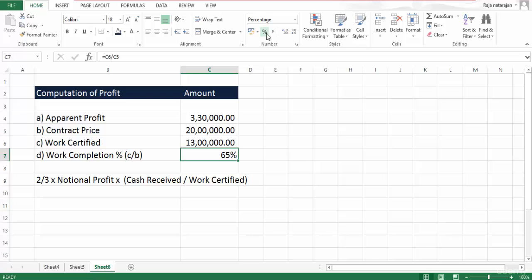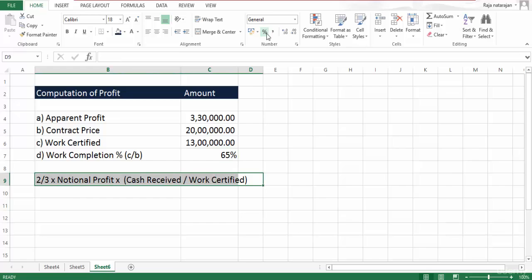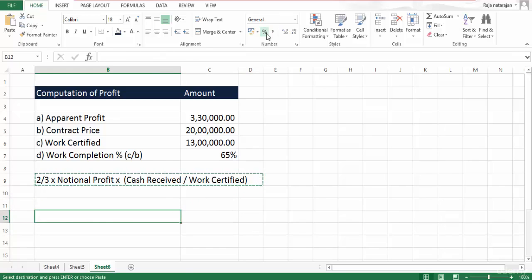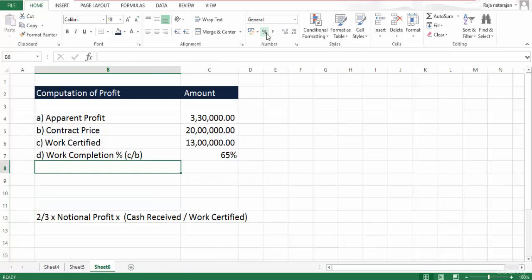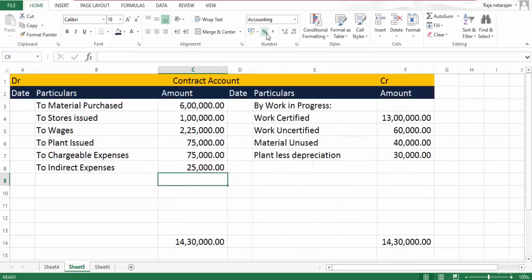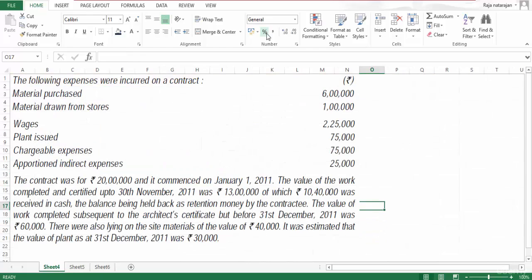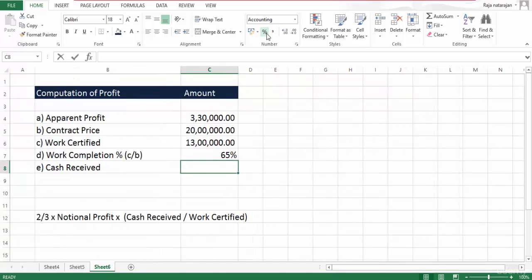Now we have to take the proportion of cash received to work certified, because that has to be applied over here. So let me keep the formula somewhere over here. What is the cash that was received? We have cash received of 10,40,000 to work certified, which is 13 lakhs.